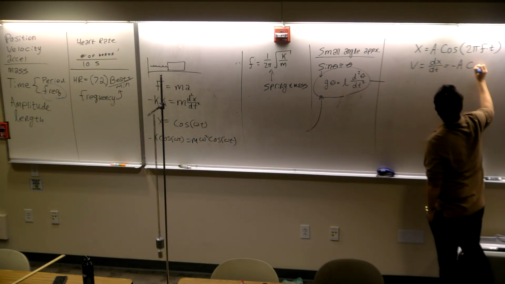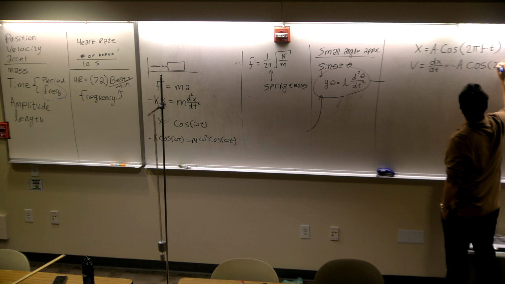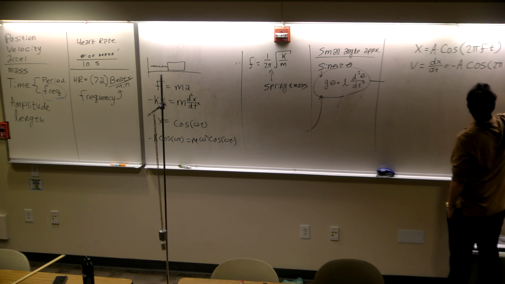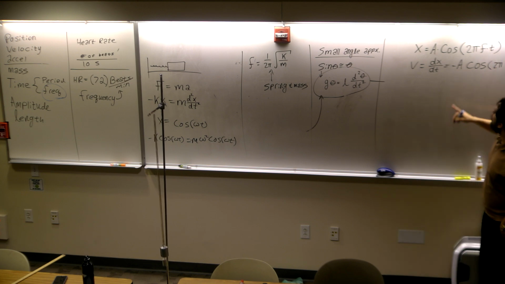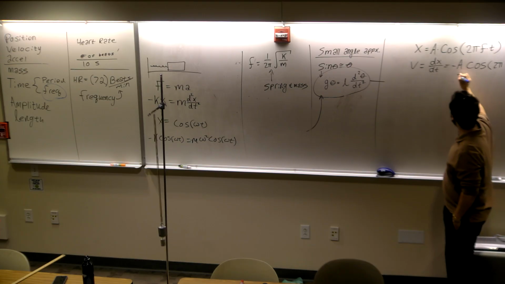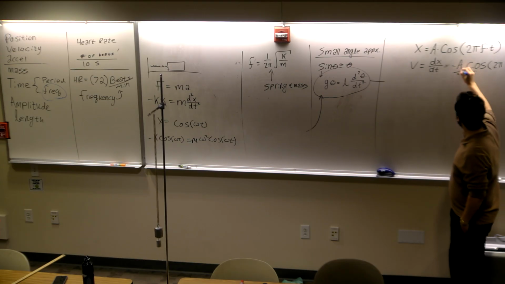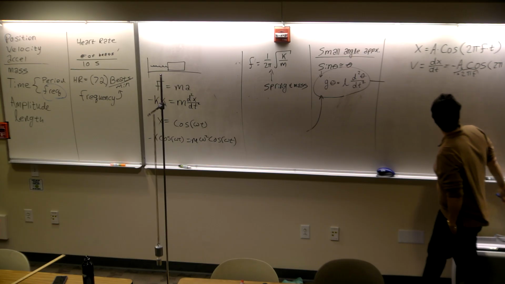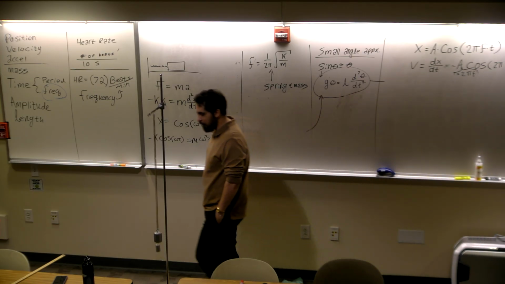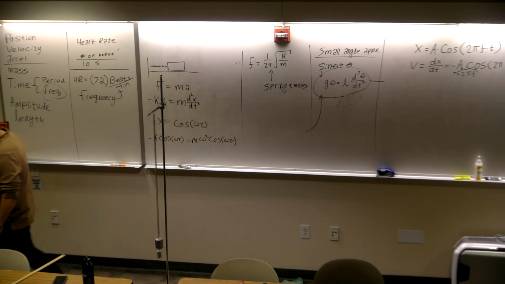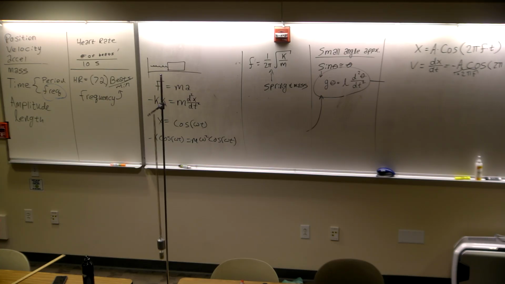Negative A cosine 2 pi frequency times time. And then you multiply it by everything on the inside, multiplied by 2 pi f. I didn't really have enough room on the board to write that. You multiply it by 2 pi f. And that will give you your velocity at any time in the future.